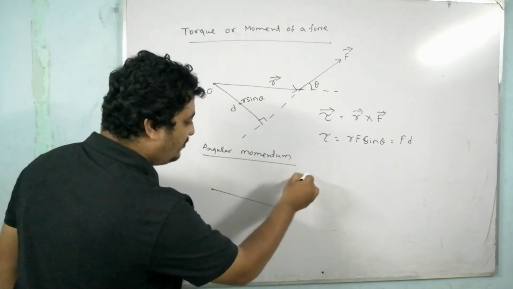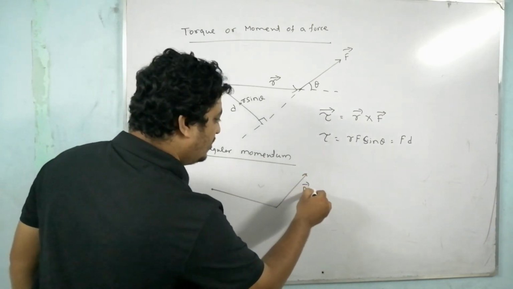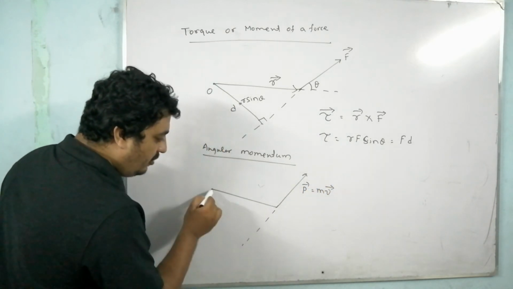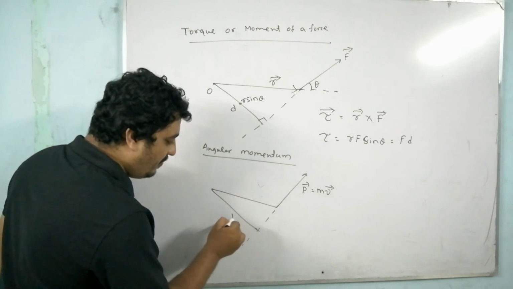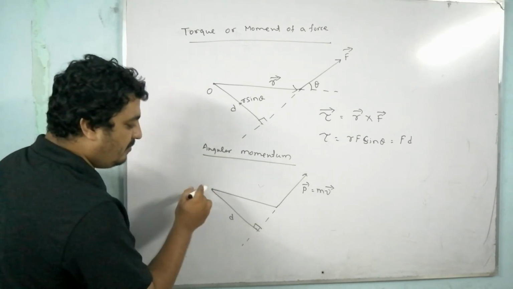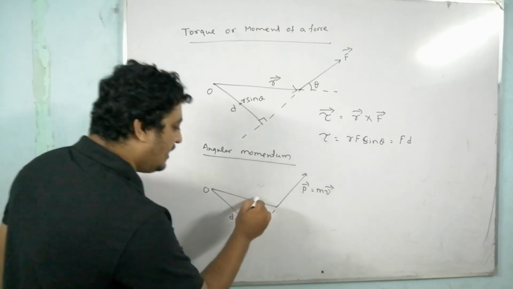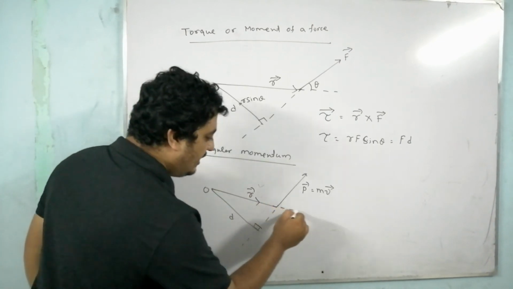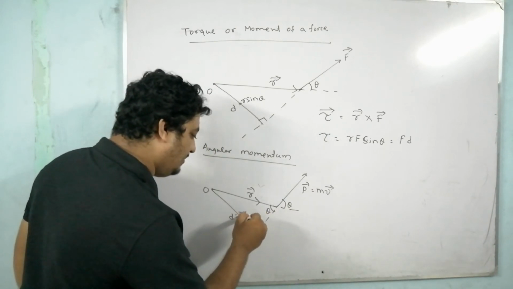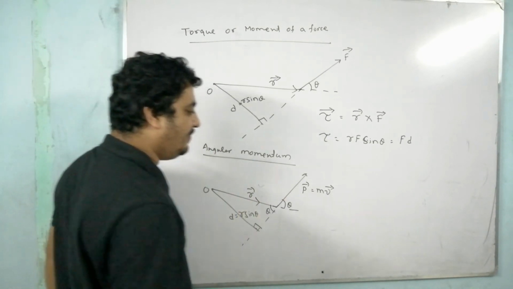Consider a particle moving along this direction. So its momentum P equals mv. Now the line of action of the momentum has a distance d from the point O. Now this is r. If this angle is theta, then this angle is also theta. So d becomes r sin theta.